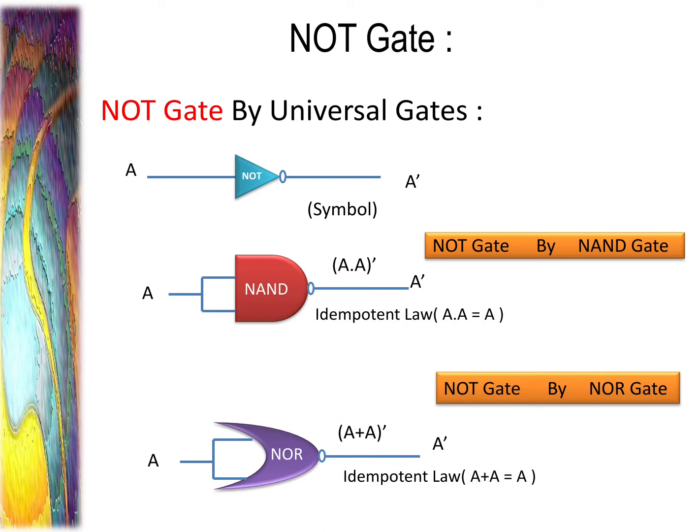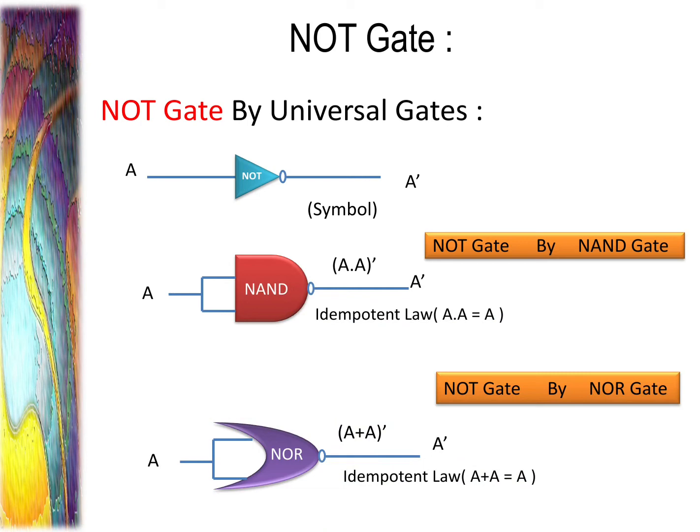If you don't remember them, go and watch the video on Boolean laws, try to remember them, and then come to universal gates. And see, I told you earlier the role of the NOT gate.